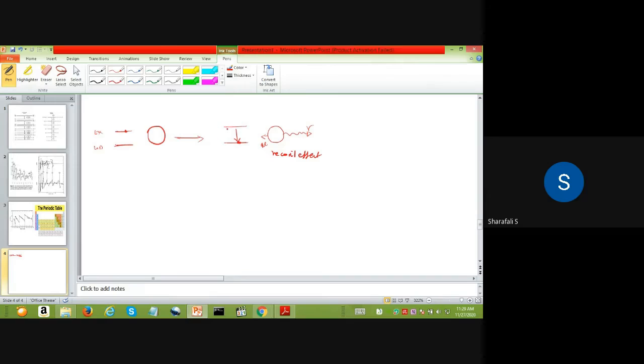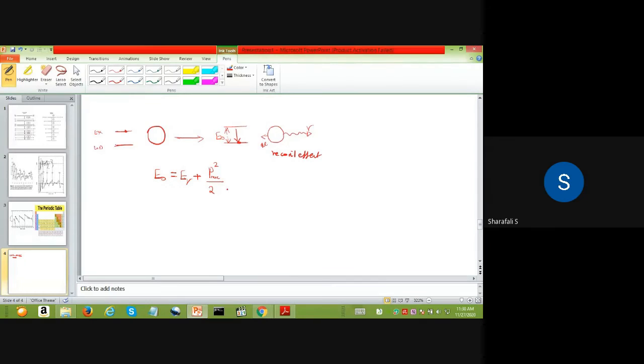Now, if you consider this energy difference as E0, then we can say that this E0 must be equal to E gamma, that is the gamma radiation energy which is coming out of this decay process, plus that recoil energy, that is P square by 2m, where P is the momentum of the nucleus.